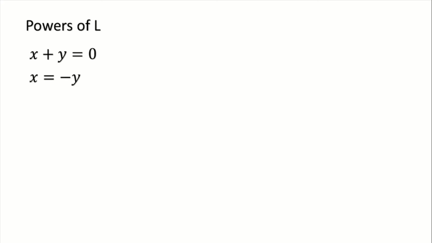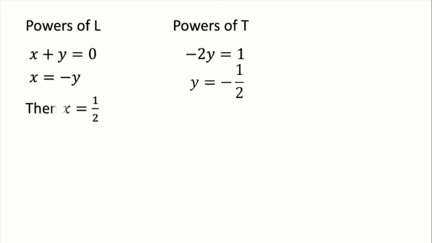I get the relationship x equals minus y. Then I look at the power of T. Observing the power of T, I get minus 2y equals 1. Then I can find the value of y. y is minus half. If y is minus half, using the powers of L, I obtain x equals half.